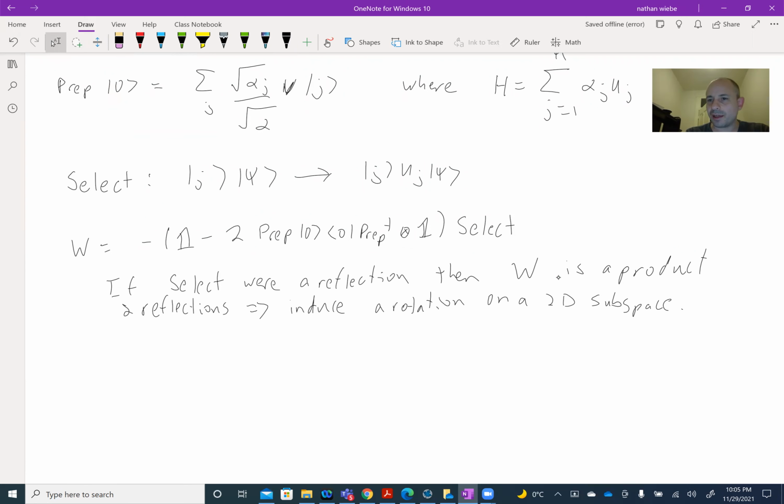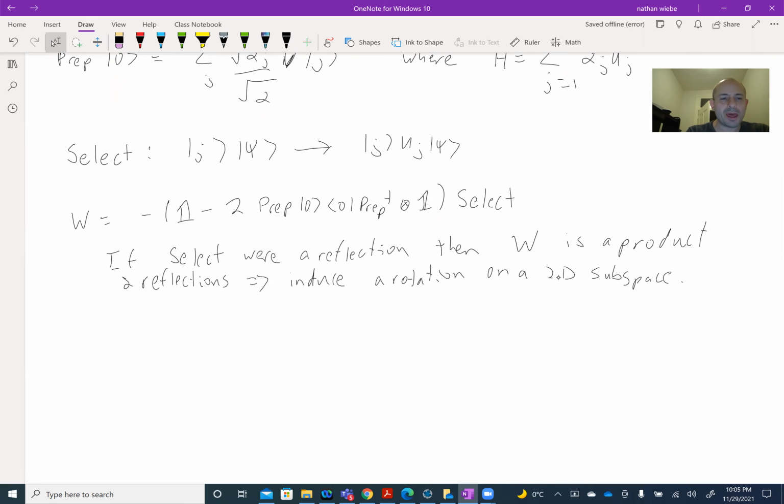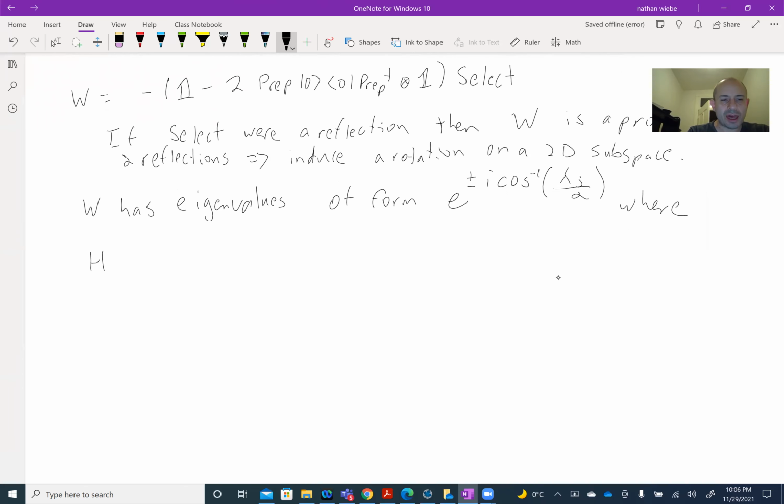So the basic idea of qubitization is that this W operator has eigenvalues of the form e to the plus or minus i arccosine of lambda j divided by alpha, where H acting on its jth eigenstate, lambda j, is equal to lambda j times lambda j.